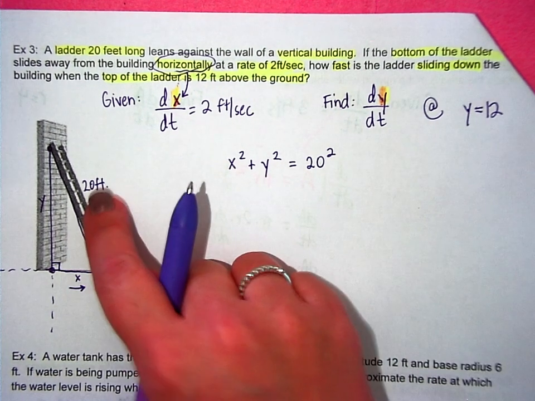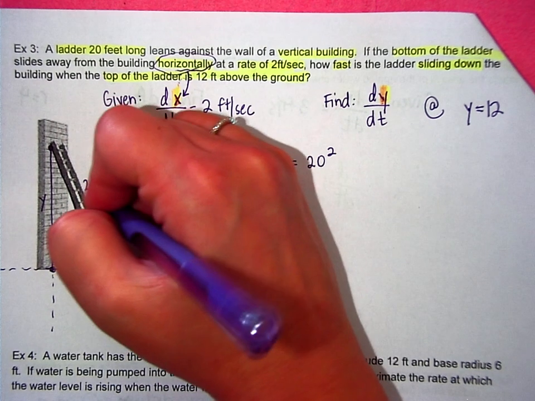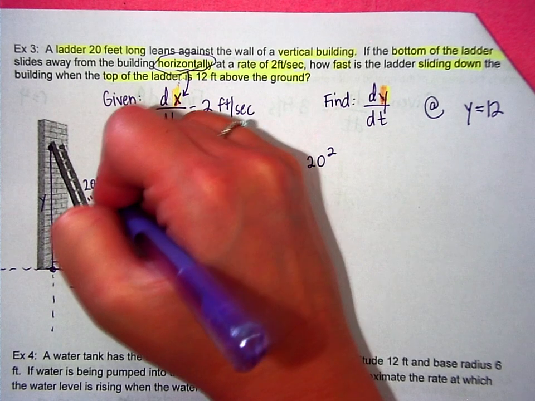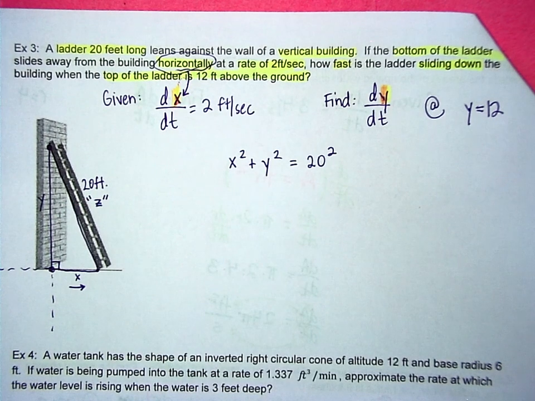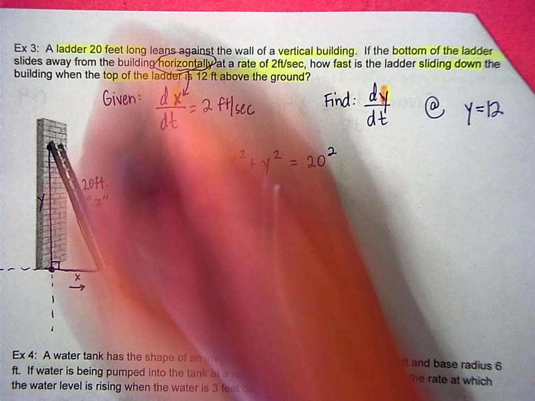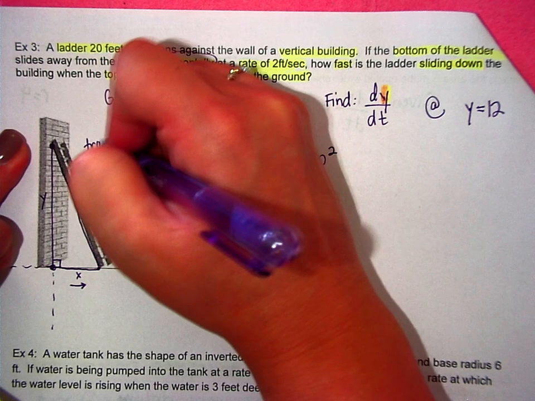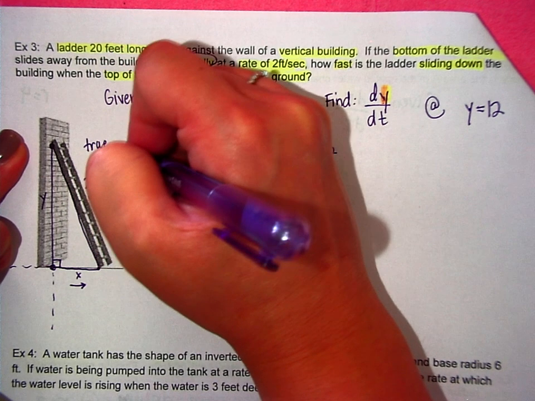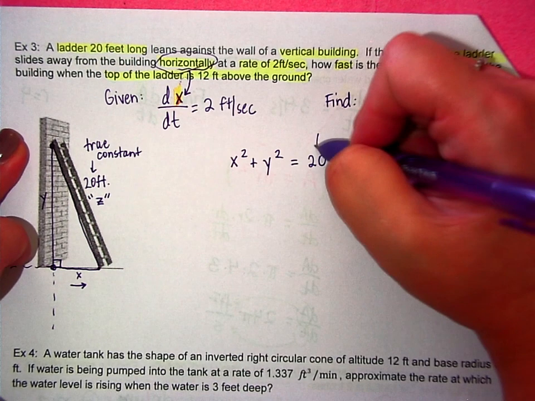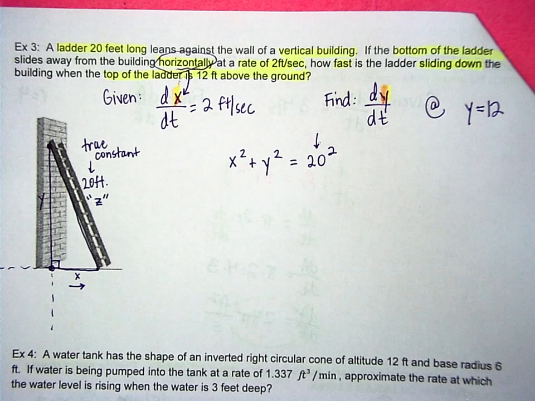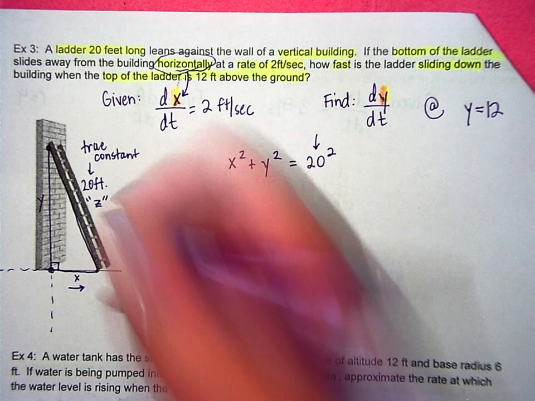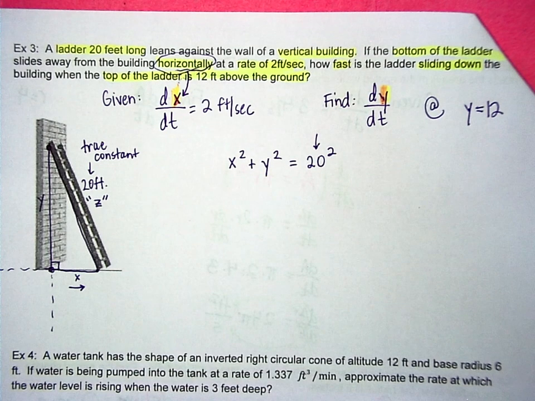It's not like the ladder is expanding or contracting in length. So since that is a true constant, it is allowed to go into my equation to start off with. And that's good news because then there's no dz/dt. That side is not changing on that ladder, so I don't have to have another rate in here to work with. The rest of this is going to be pretty basic, if you're picking things up from yesterday and the day before.